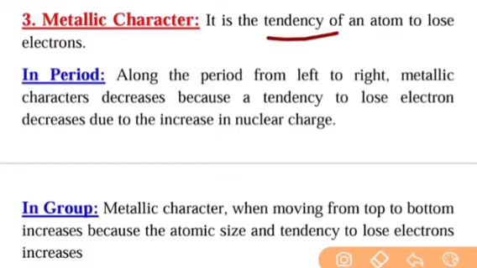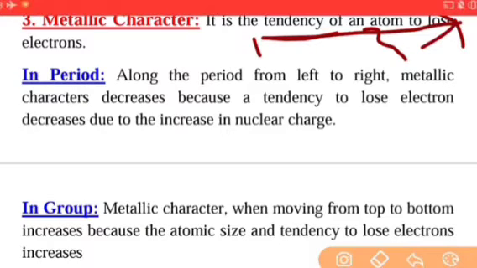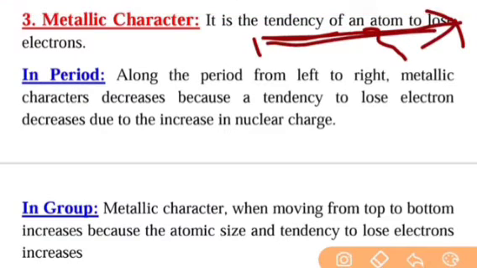The modern periodic table contains 18 vertical columns known as groups and 7 horizontal rows known as periods.